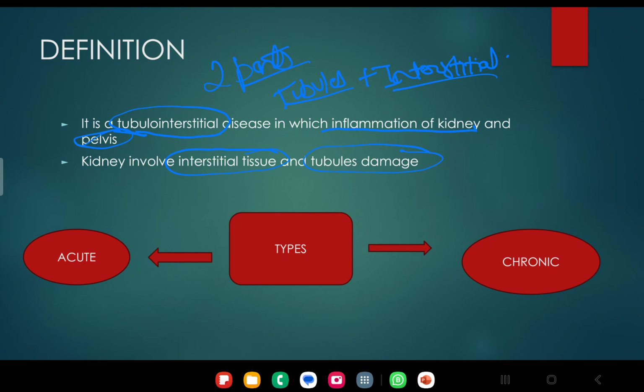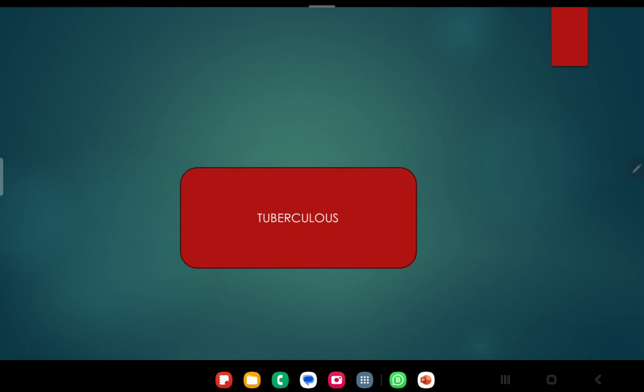Then what are the types of pyelonephritis? We know we have basically two types generally, acute pyelonephritis and chronic pyelonephritis. But there is also one special type, we must remember it. The name of that type is tuberculous. That is tuberculous.